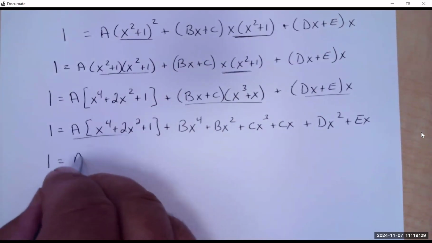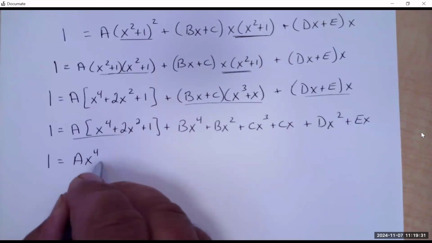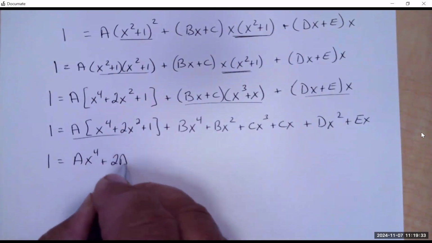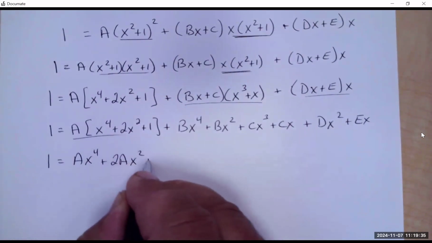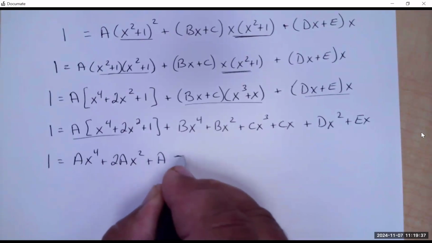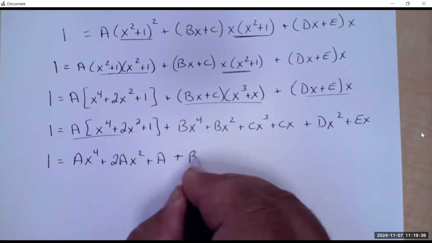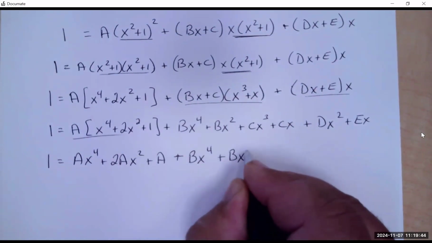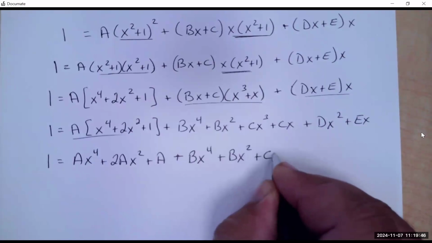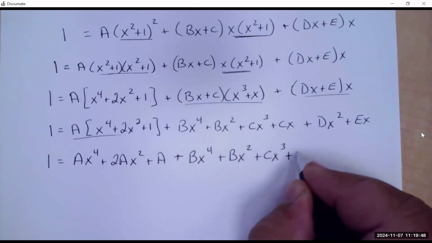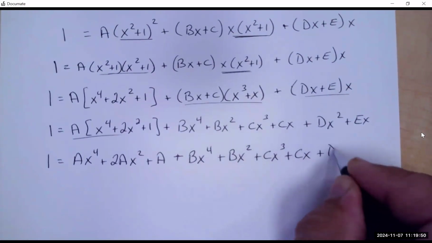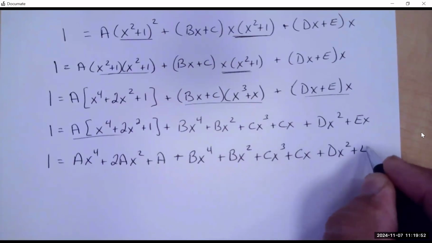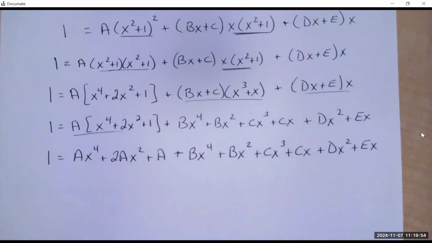Multiply these two, it's ax to the 4th plus 2ax squared plus a, bx to the 4th, bx squared, cx cubed plus cx, dx squared plus ex.